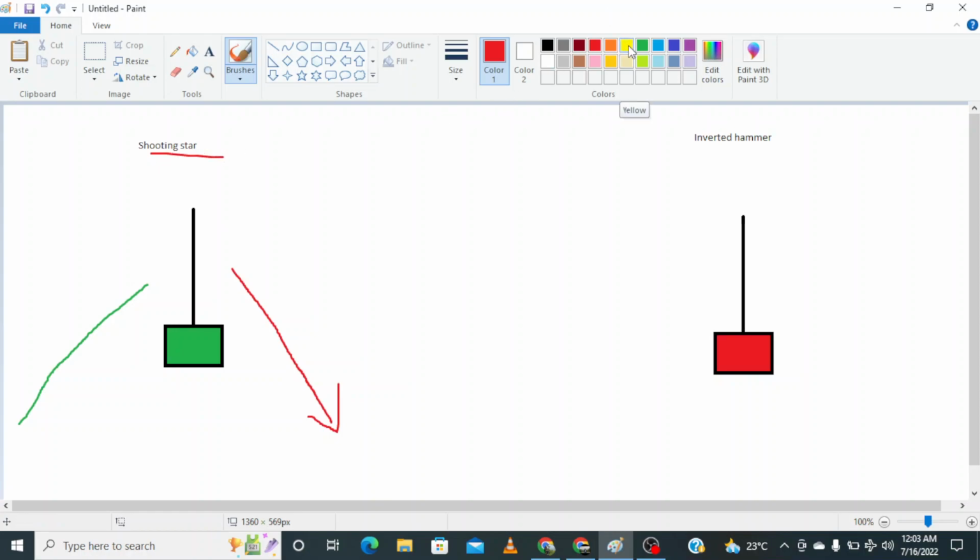On the same side, if the market has been falling, a bear market, and you see something of this sort, then this could turn out to be a reversal again, and it could go up. Like I said, the color doesn't matter, it can be anything. The placement of the candle is what matters.